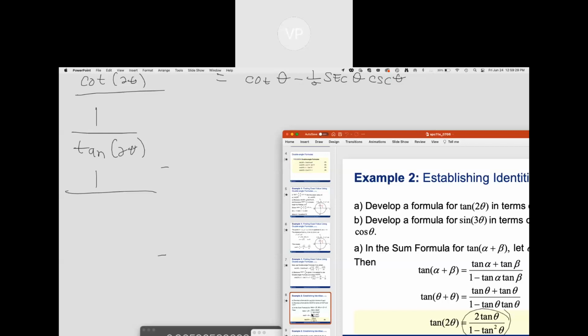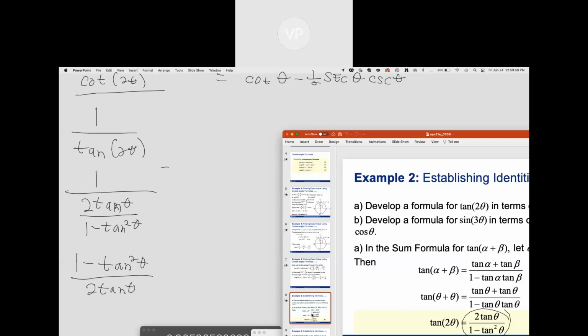Therefore, I can replace it with all this stuff down here. And I didn't need this step. Basically, I'm just going to take the reciprocal of that.